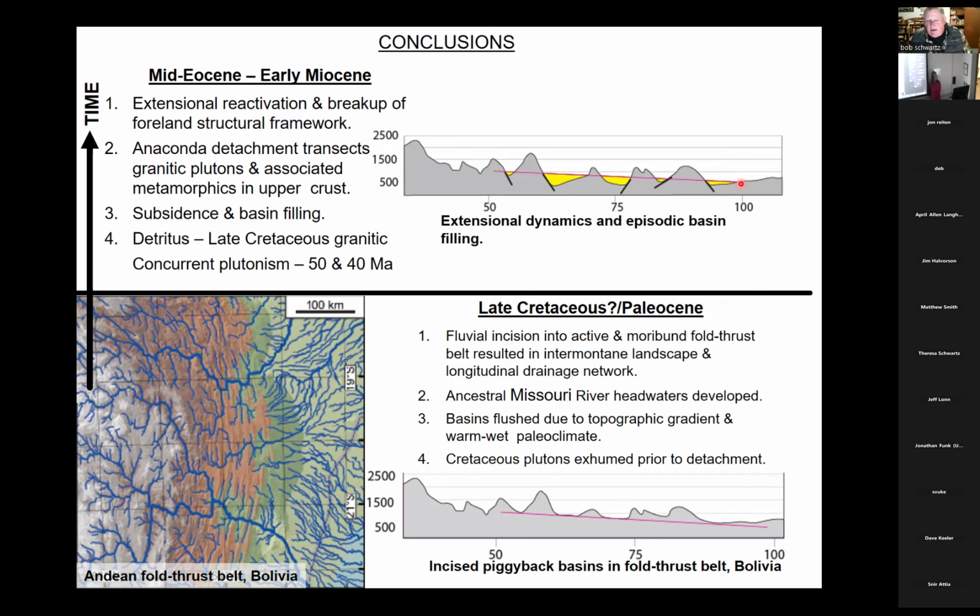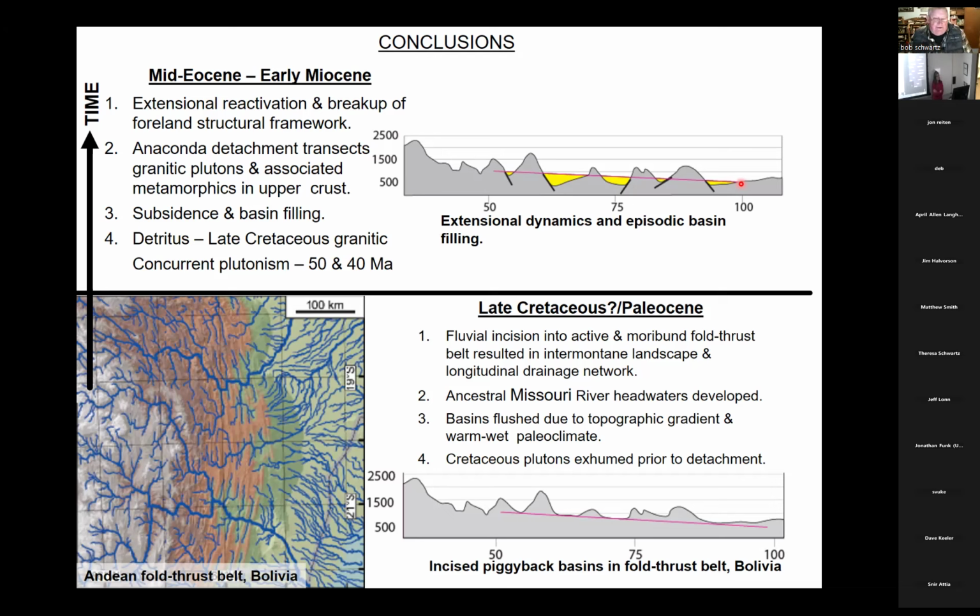There had to be a lot of incision. And when did this occur? Oh, it occurred between the late Cretaceous and the early Eocene, during the PETM, when not only was it a mountainous area, but there was an abundance of water, and there the ingredients are really active incision and flushing.